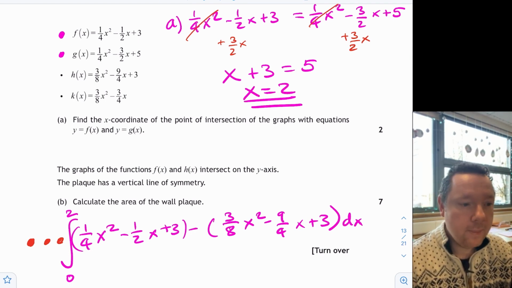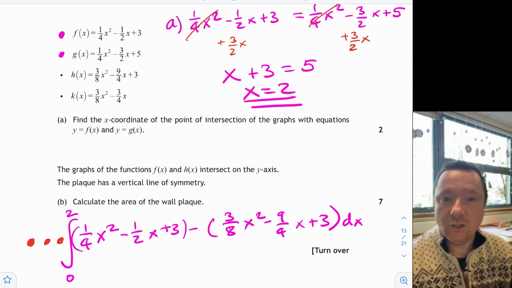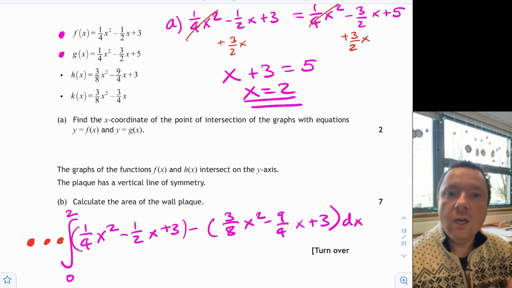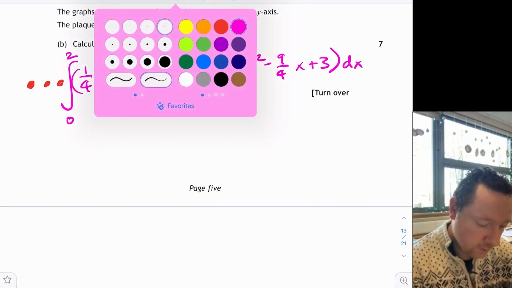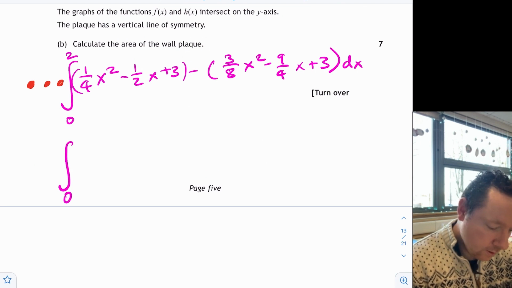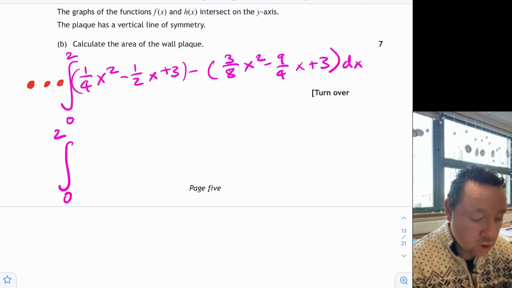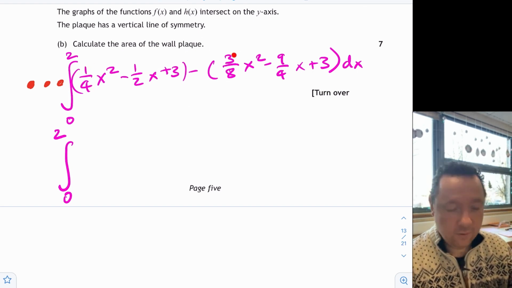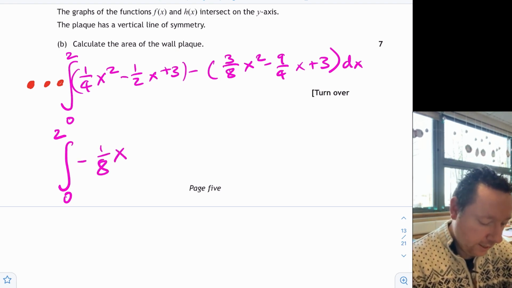It's not bad, that. Then we need to integrate it, and you only get 1 further mark for the integration. So all the tidying up you're going to do now, you're not going to get any marks for, but you still need to do it to be able to integrate. So let's tidy this up. That gives us the integral between 0 and 2. You've got a quarter x squared minus 3/8 x squared. A quarter is 2/8, so being very careful, you've got 2/8 minus 3/8, which is minus an eighth of x squared.